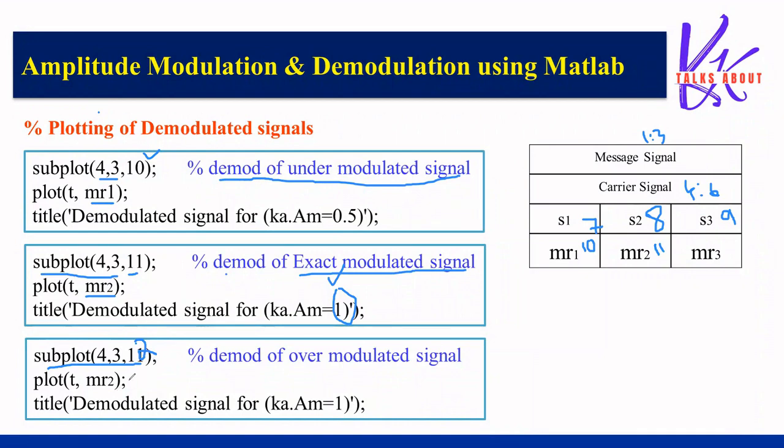So plot t comma mr3. So here we are going to have 2.5. So when we plot t comma mr3, we are going to get in the 12th position the demodulated wave of your overmodulated wave.